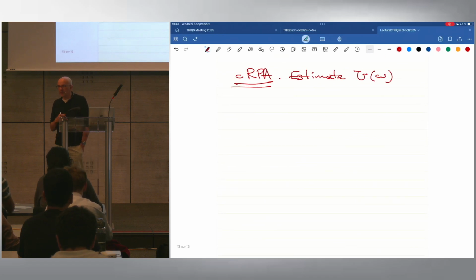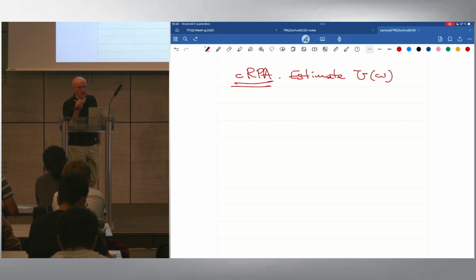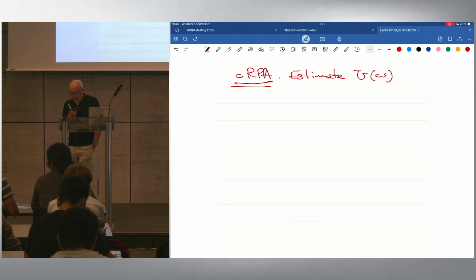I think GW+EDMFT with this concept of an embedded U of omega that represents W of omega, if you do a good job solving the quantum impurity problem non-perturbatively, is much more reliable. But it's a cheap way to have at least an estimate.